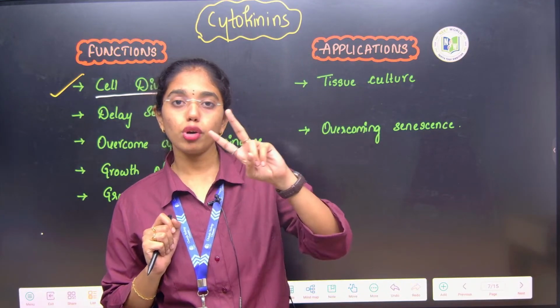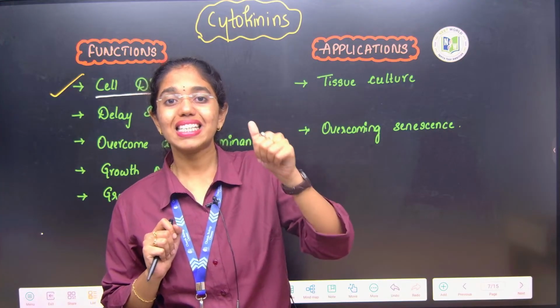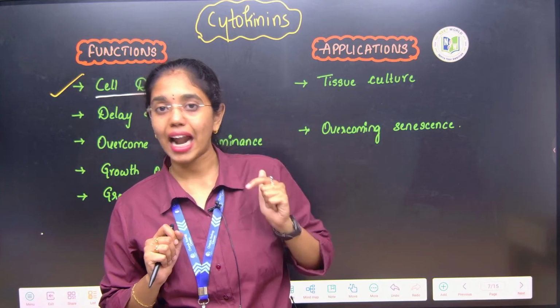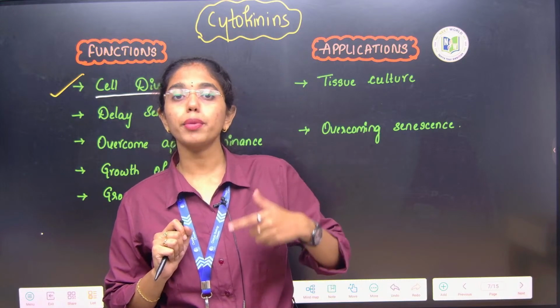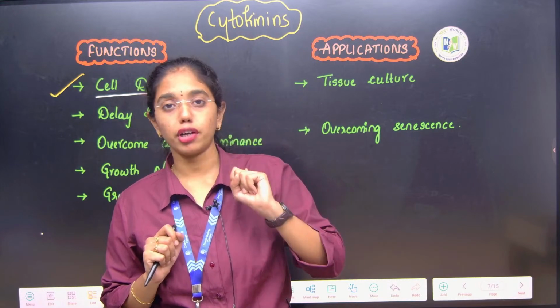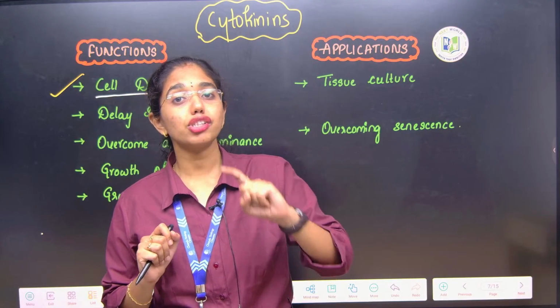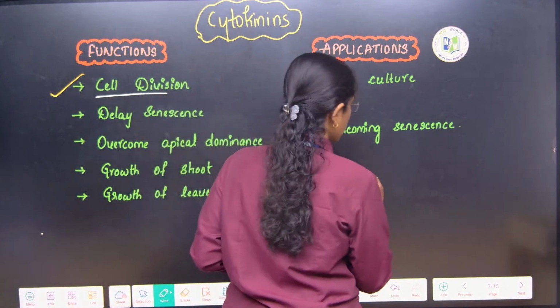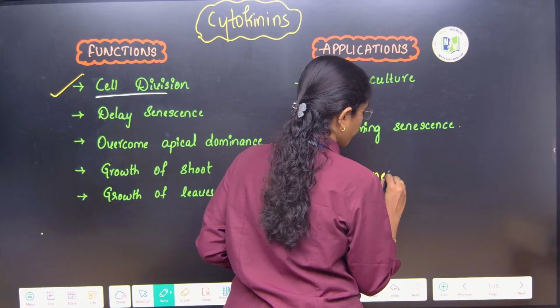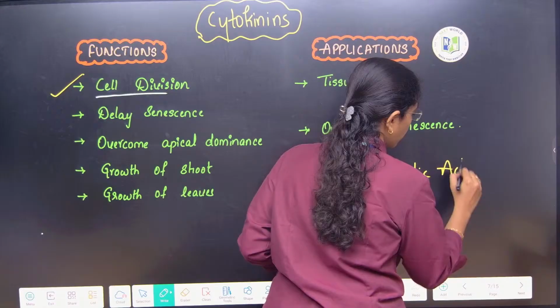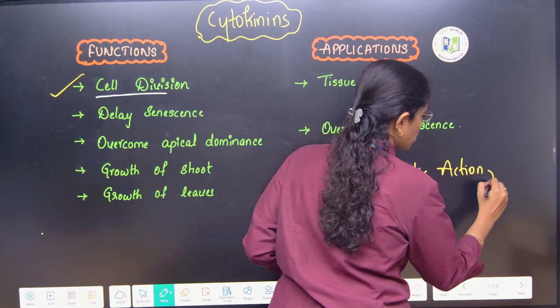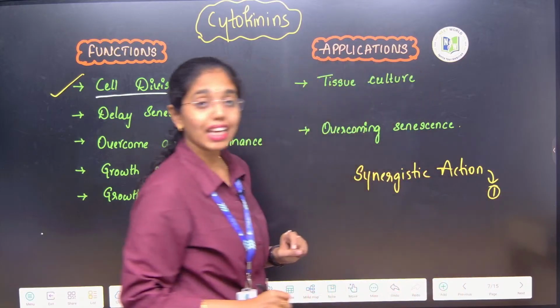For this you should know about 2 phenomena, one is synergistic action, second is antagonistic action. 2 or more hormones performing only one function, single function, is known as synergistic action. Okay? Synergistic action. Here 2 or more phytohormones, they will perform only single function.